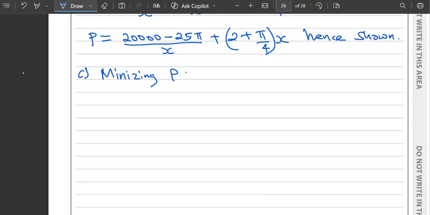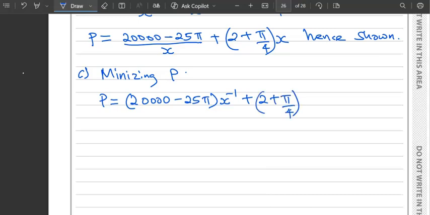Remember, already we are given p to be equal to 20,000 minus 25 pi, x to the power -1, divided by x just the same as x to the power -1, then plus 2 plus pi over 4 x.